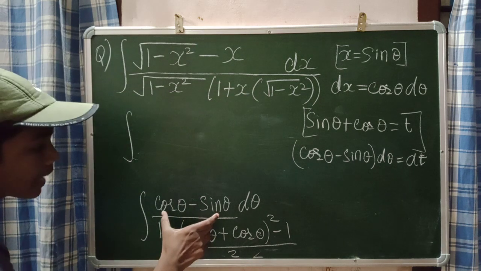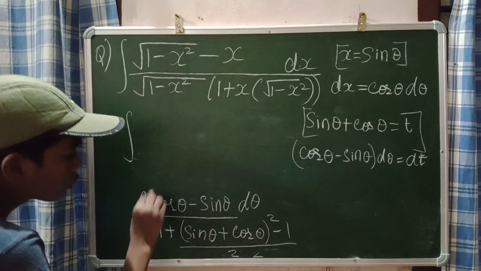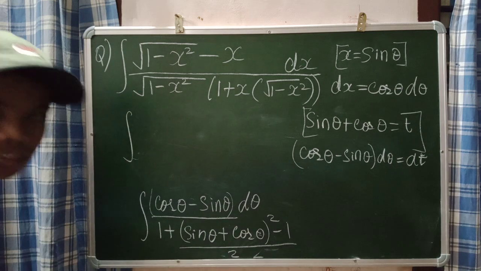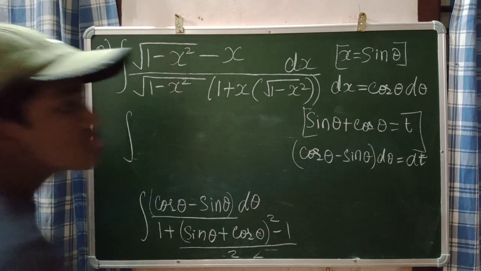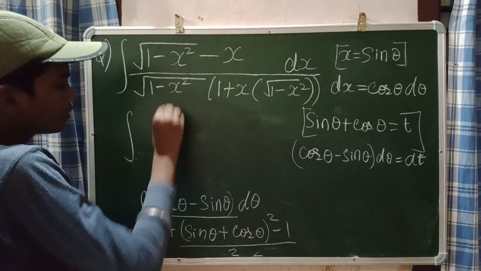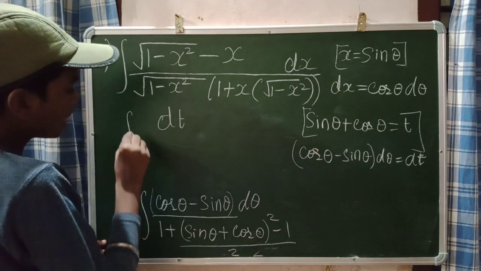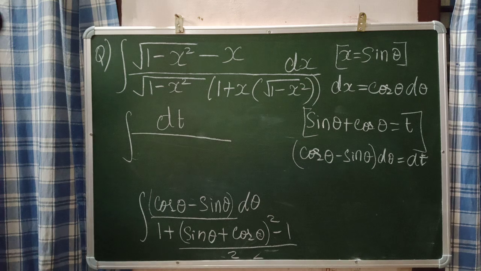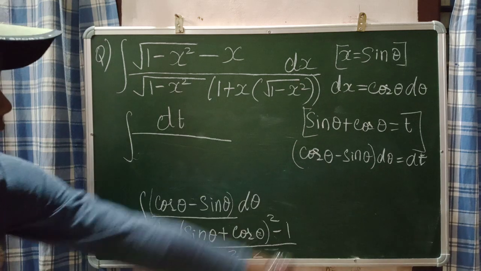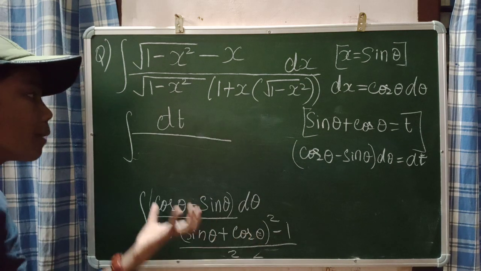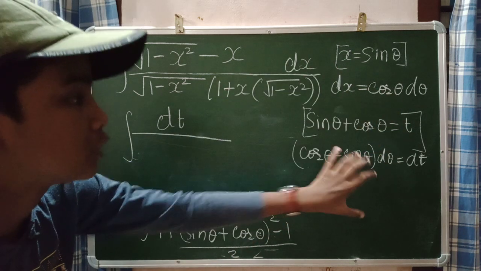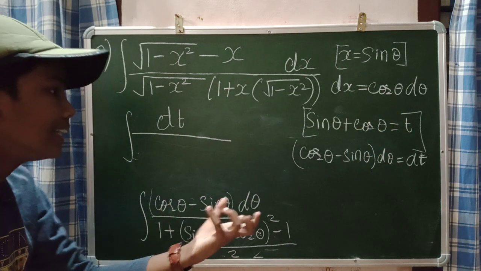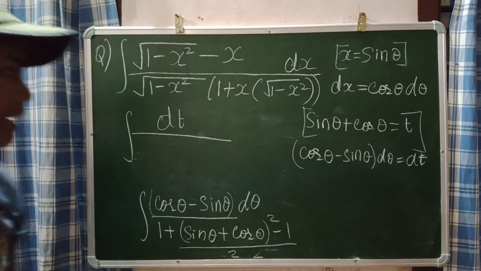So in the numerator I have the form cos theta minus sin theta d theta, and I can write it as dt itself. That's how I am replacing this value with dt, because t's differentiation is this value.